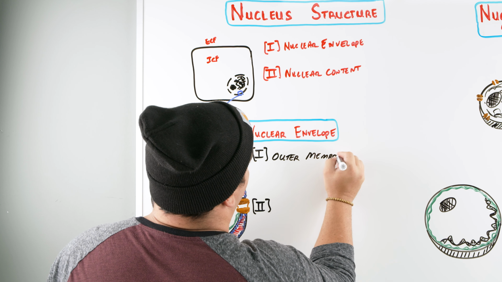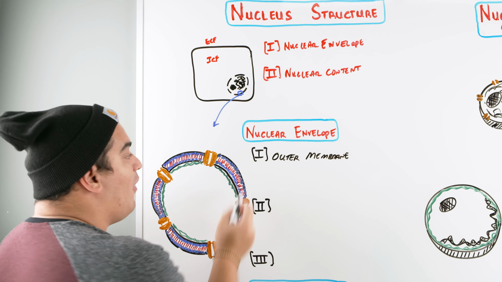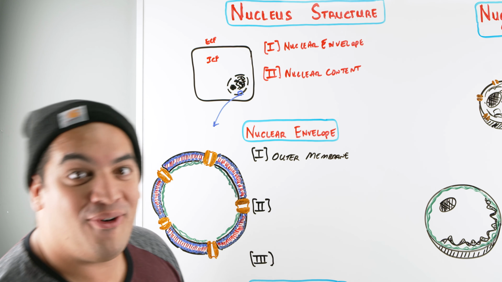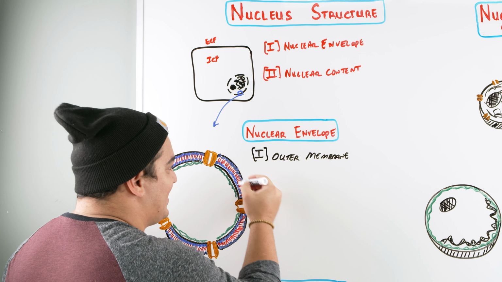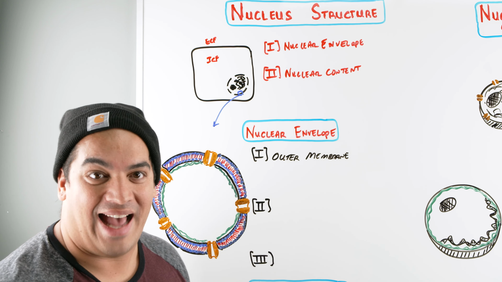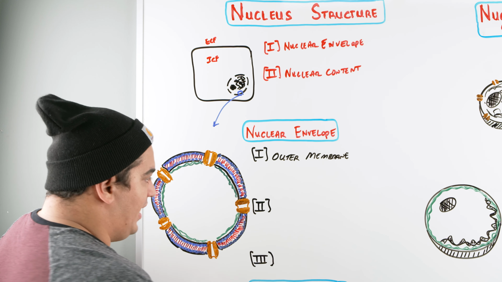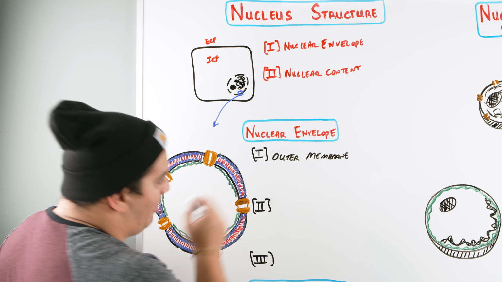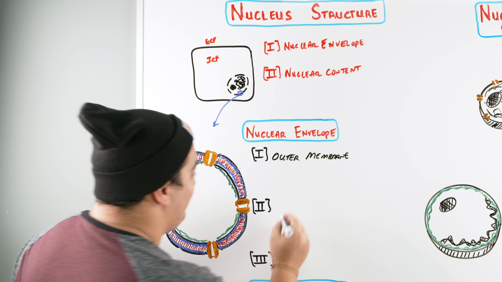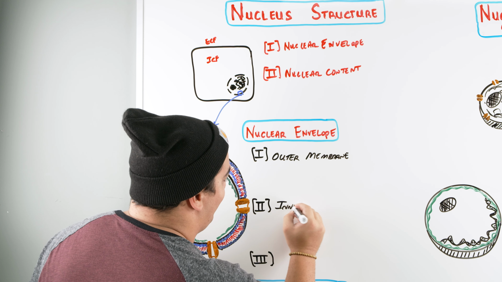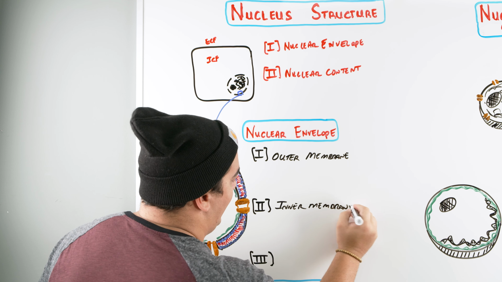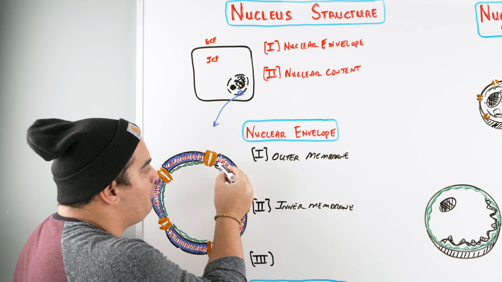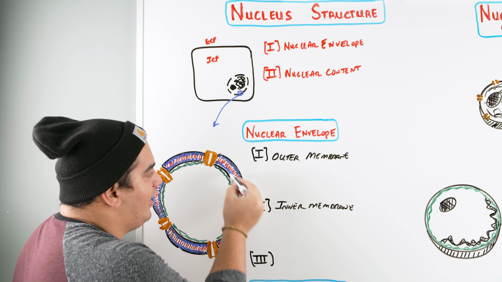Again, this outer membrane is made up of phospholipids. You're going to see the phosphate groups, you're going to see the fatty acid tails, and you may even have some cholesterol within that. The next thing is the inner membrane, which is another really important component as well. As you see here, the inner membrane contains this phospholipid bilayer as well.